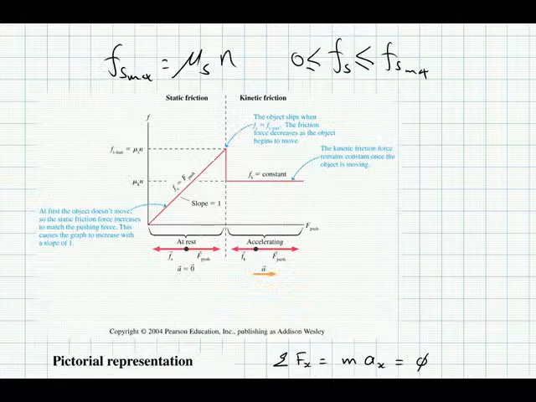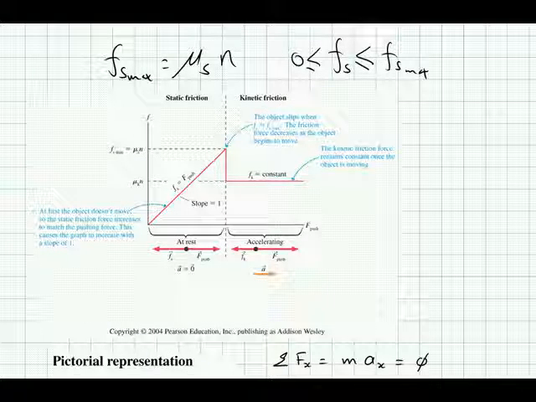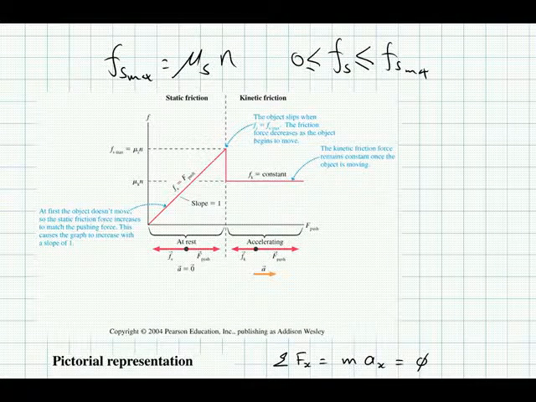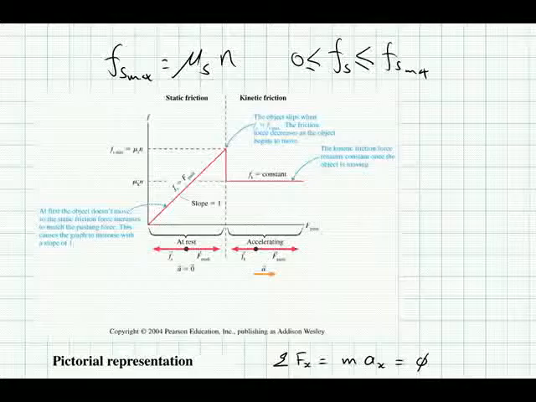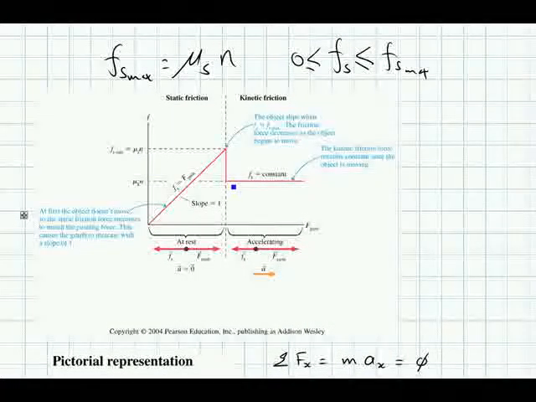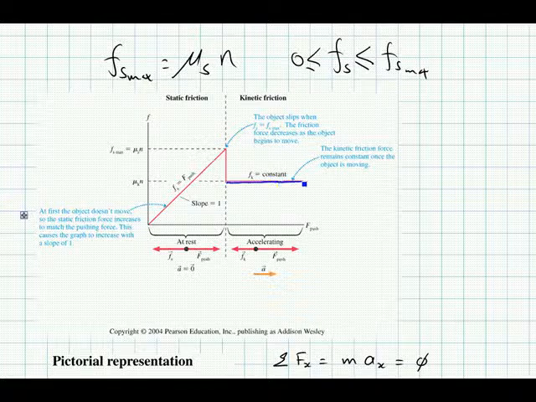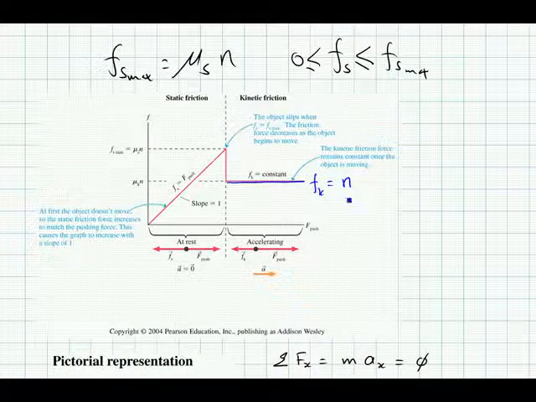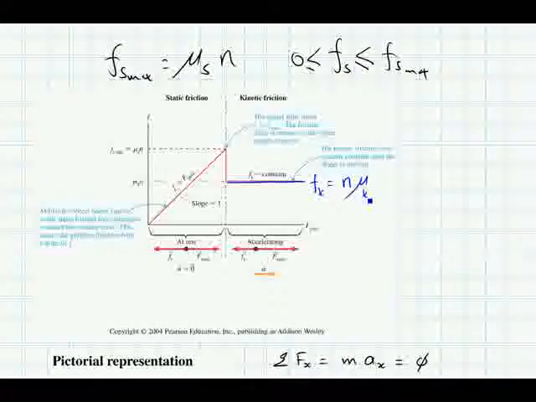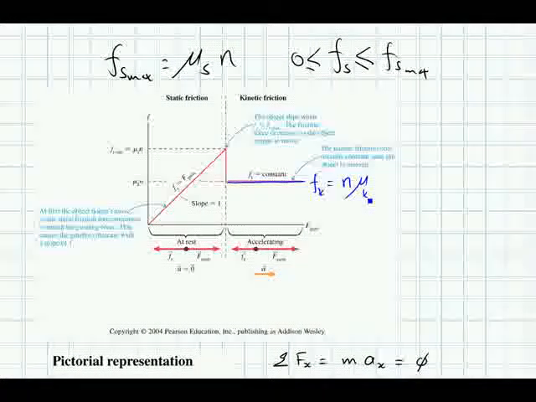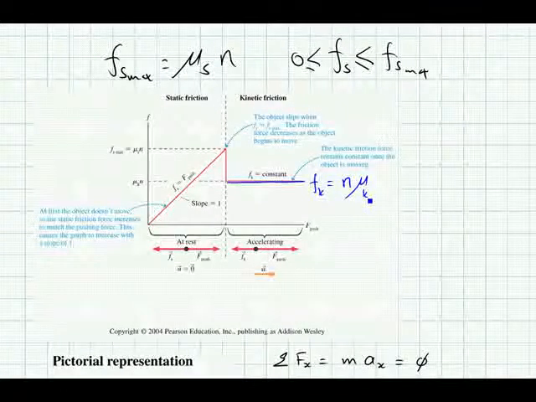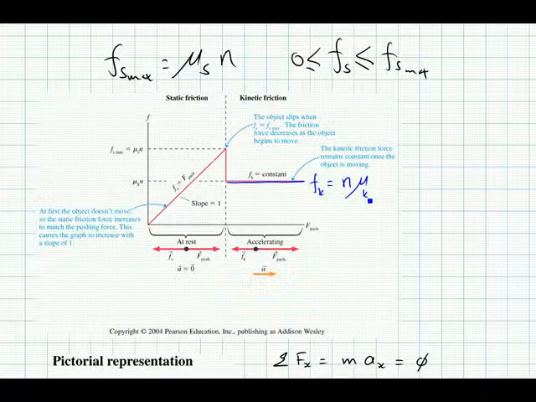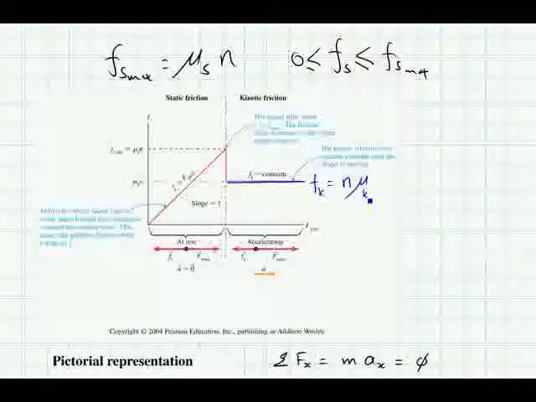Kinetic friction is when the object is in motion with respect to a surface, and kinetic friction has a constant value, Fk, which is given by the normal force times the coefficient of kinetic friction. And static friction is when the object is, of course, not moving, is at rest with respect to the surface that it's in touch with, and it does not have a constant value.